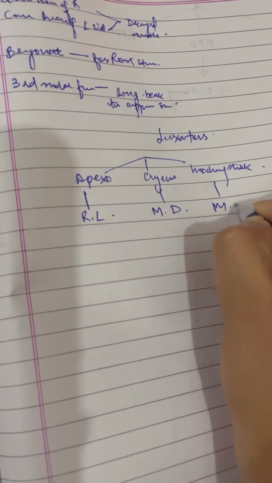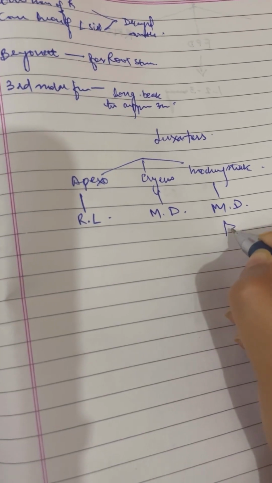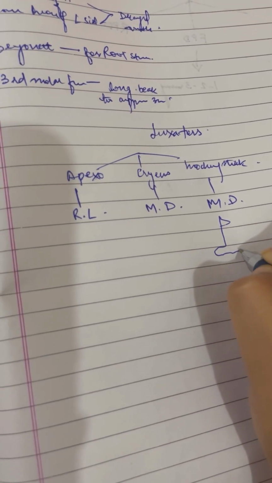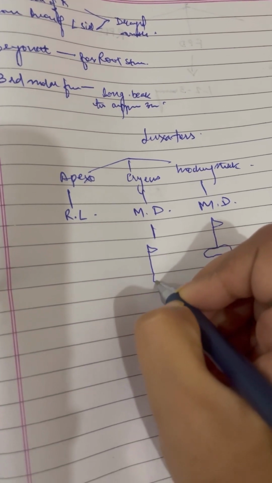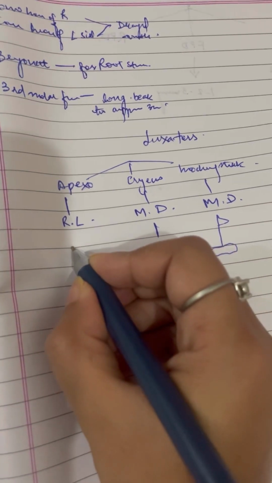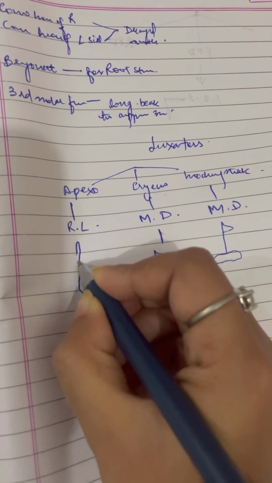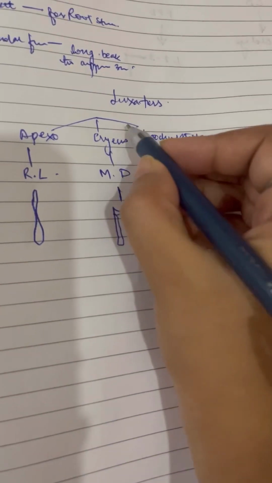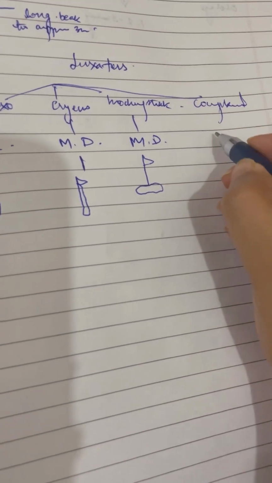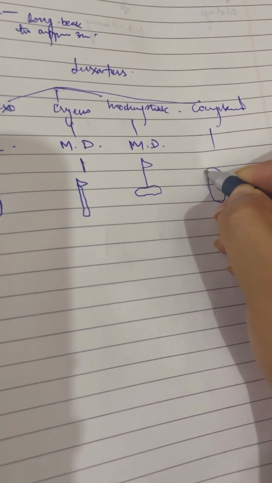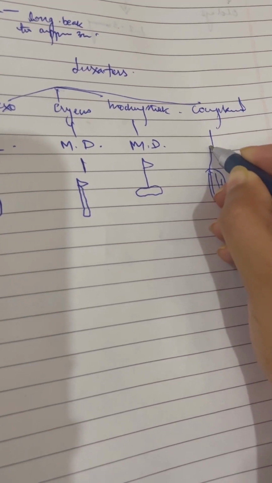It looks like this, and it looks like this. Then we have Copeland elevator, which is used for root stumps, which is like this.